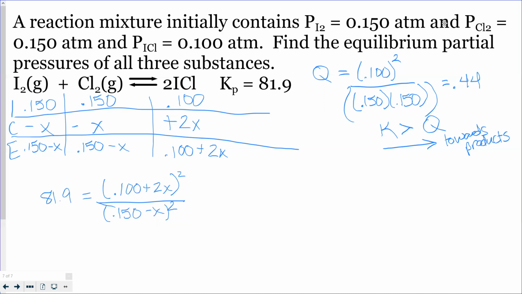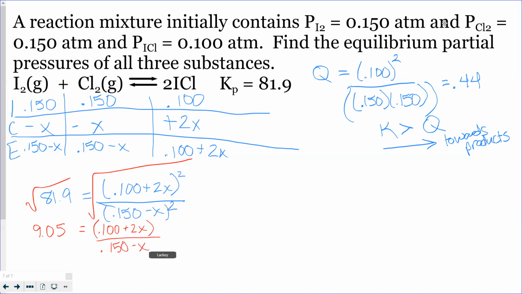Now that you have something on top being squared and something on the bottom being squared, we can take the square root of both sides and get rid of those squared factors. That will save us a little bit. So that will simplify to 9.05 equal to 0.100 plus 2X over 0.150 minus X.